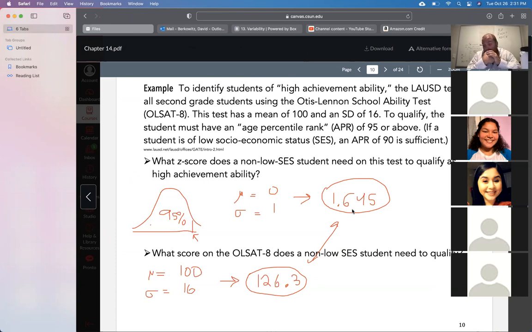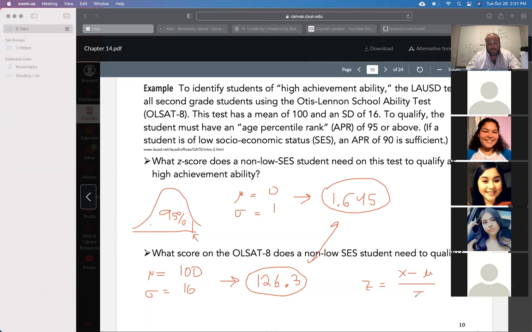We had this formula earlier. Z equals X minus mu over sigma. So if you take your X of 126.3 and you subtract the mean, which is 100, and you divide by 16, which is your sigma, you get 1.645. Questions on that?